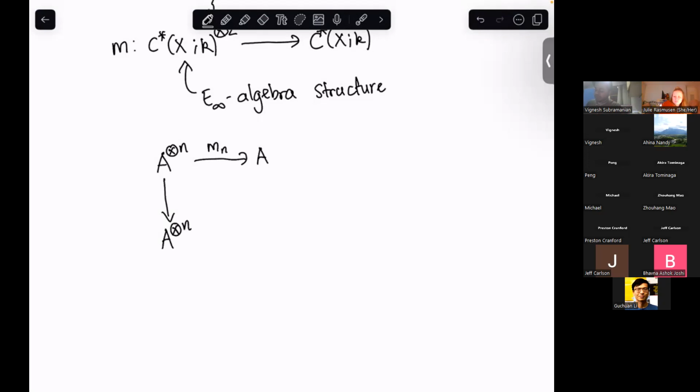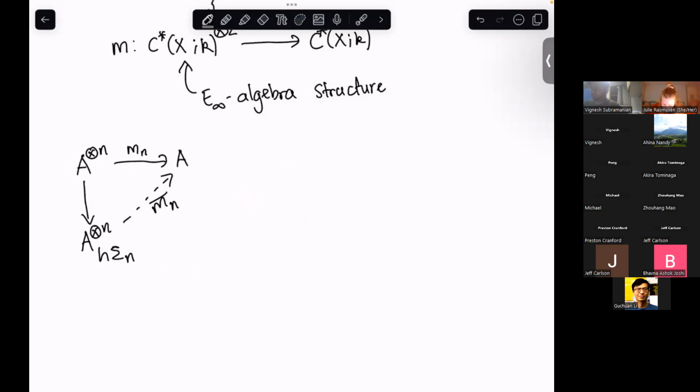I can take the homotopy quotient. An E-infinity algebra is an algebra A which has factorizations like this, a bunch of structure maps, let's call them M_n bar, a collection of all such factorizations through the homotopy quotient with suitable compatibility conditions. Let me not get into what these compatibility conditions are.